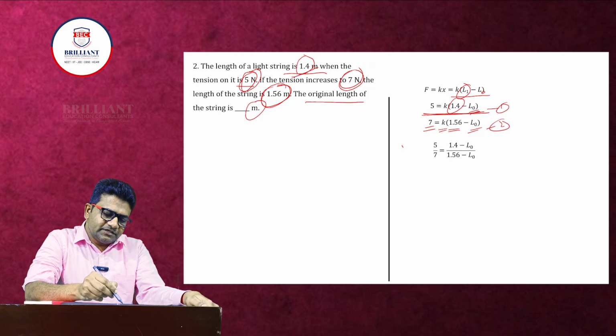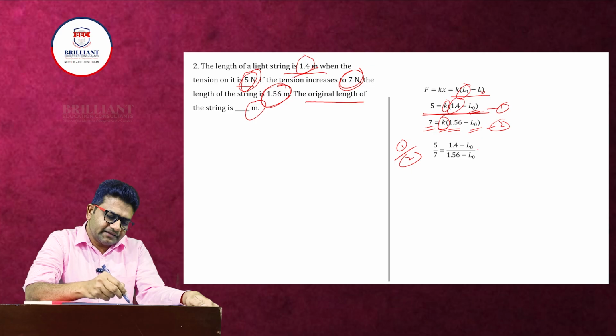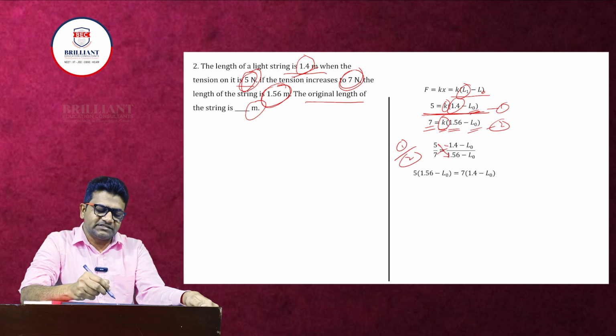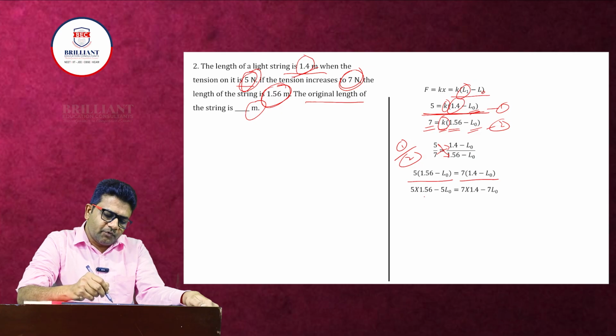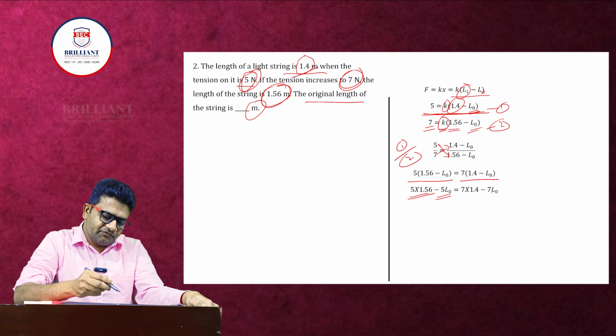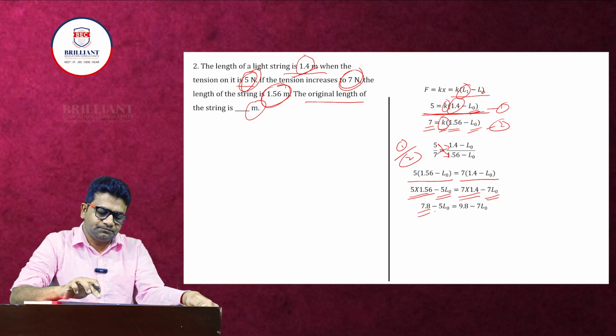Dividing equation 1 by equation 2, we get 5 by 7 is equal to 1.4 minus L0 by 1.56 minus L0, as K cancels. By cross multiplying we get 5 into 1.56 minus L0 is equal to 7 into 1.4 minus L0. Simplifying, we get 5 into 1.56 minus 5 L0 is equal to 7 into 1.4 minus 7 L0.